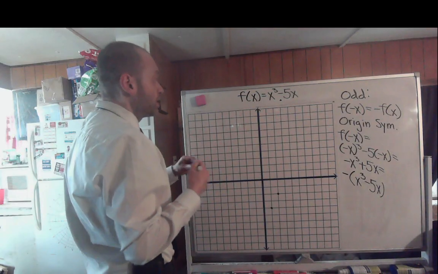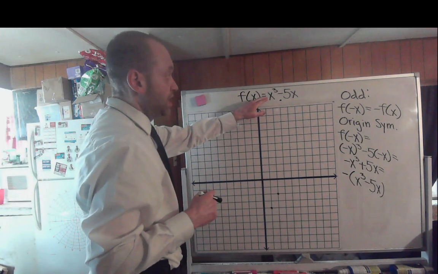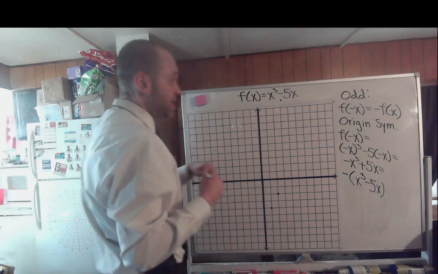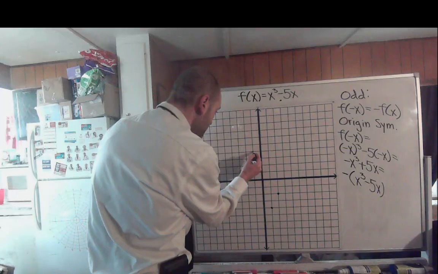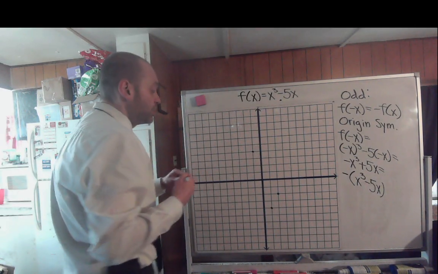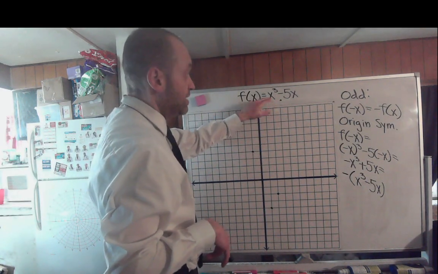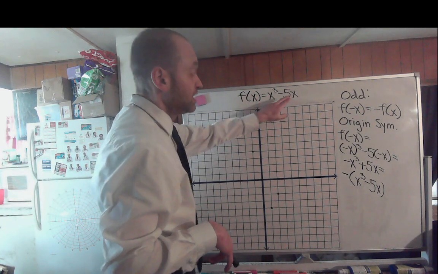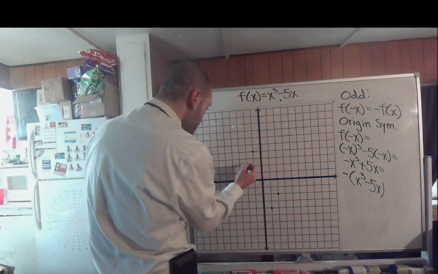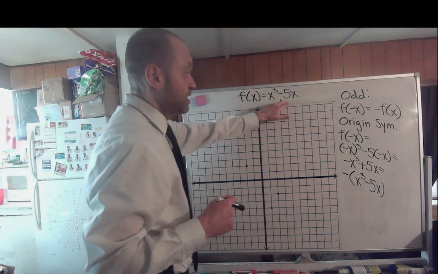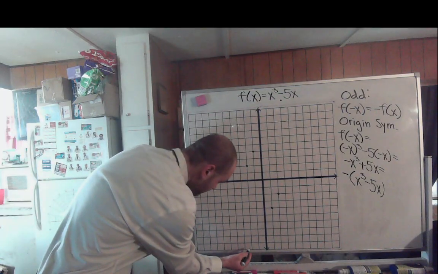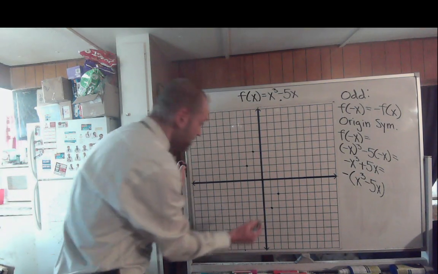And then what about if I put a negative 1, I would get negative 1 plus 5, which would be 4. And then what if I put in negative 2, I would get negative 8 plus 10, which would be 2. I put in negative 3, I would get negative 27 plus 15, which would give me negative 12 somewhere down here.